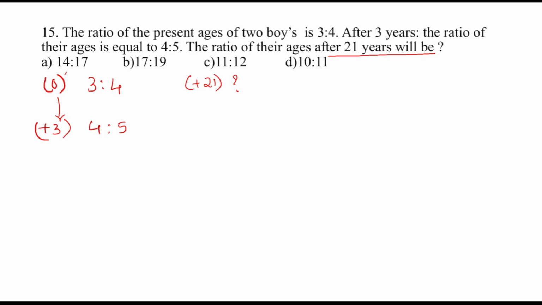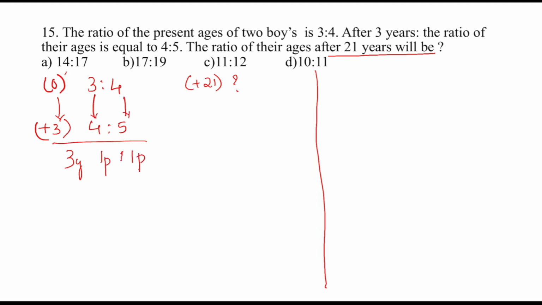Now, this problem also we will solve using two methods, one shortcut method and one traditional method. So, traditionally how do we solve this? After 3 years means the difference is 3 years, and the difference in parts is 1 part, since 4 to 5 is 1 part.